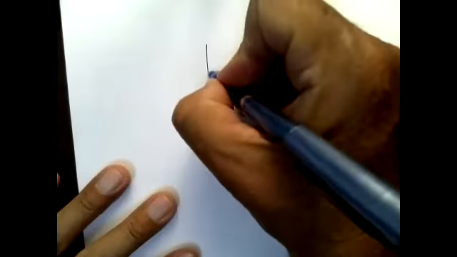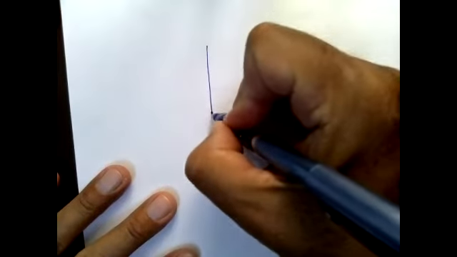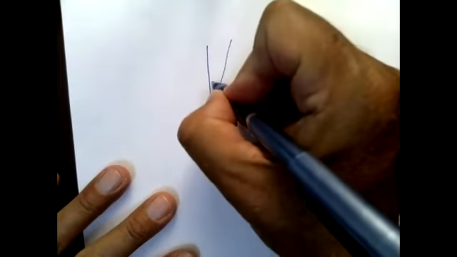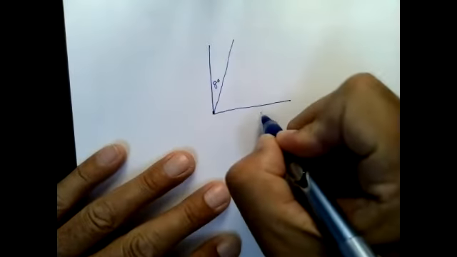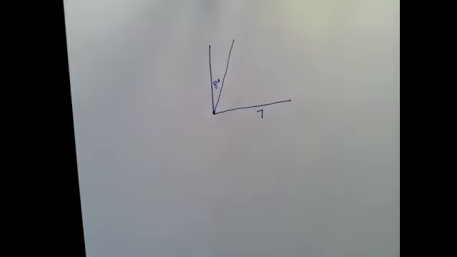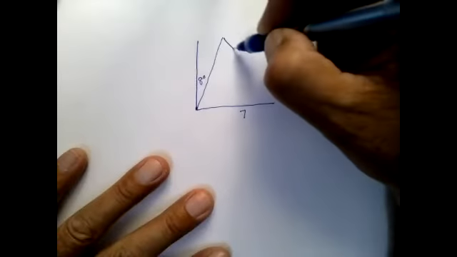So if the tree was straight up, instead it leans at an angle of 8 degrees. That's what the picture looks like. From a point 7 meters from the bottom of the tree, if I go over here 7 meters, I see that it forms a 68-degree angle.